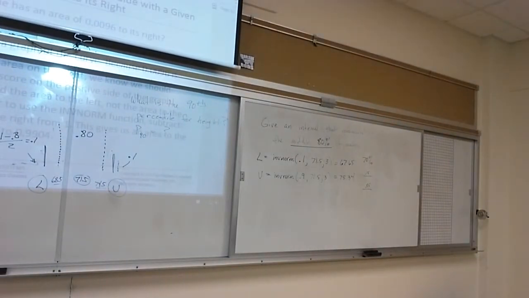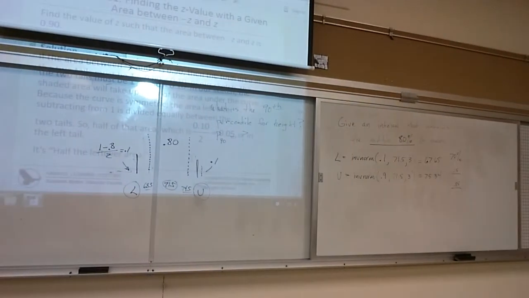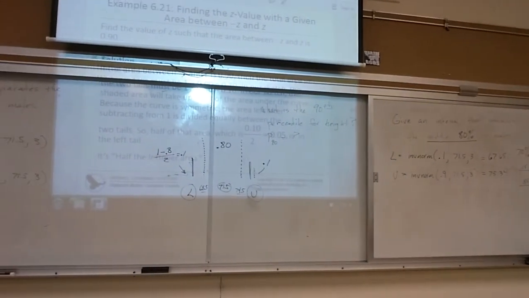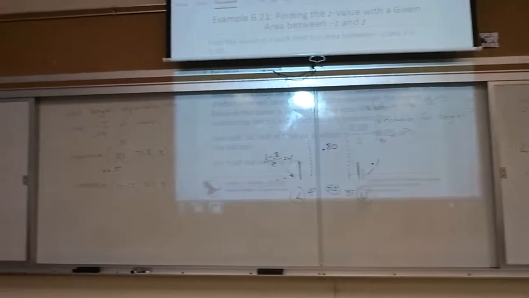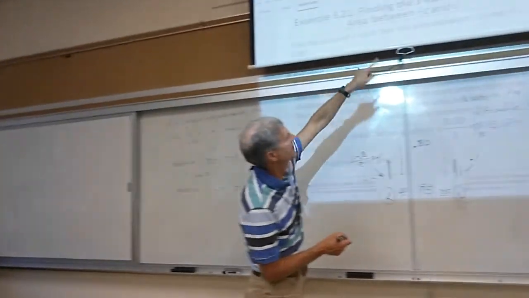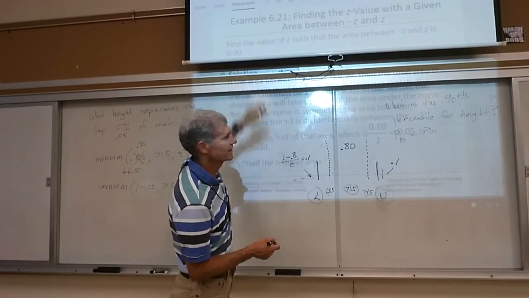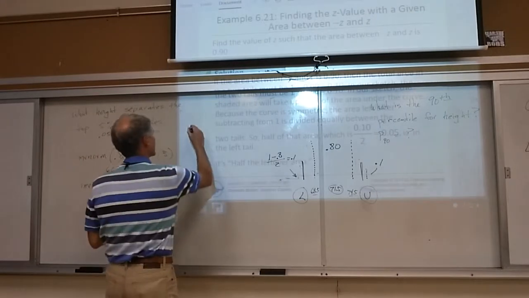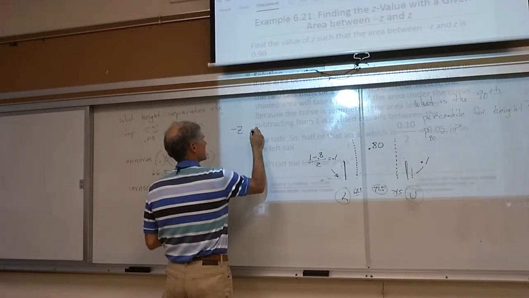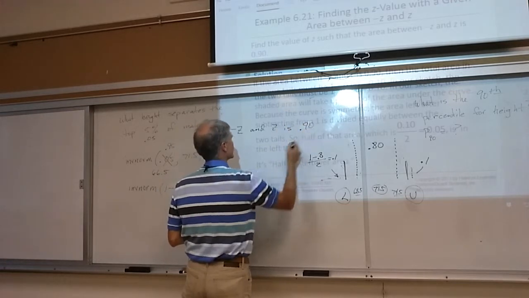Okay, now here's one of the problems, there are several like this on your homework. Find the value of z such that the area between negative z and z is 0.9. Right? So in between negative z and z is 0.9.